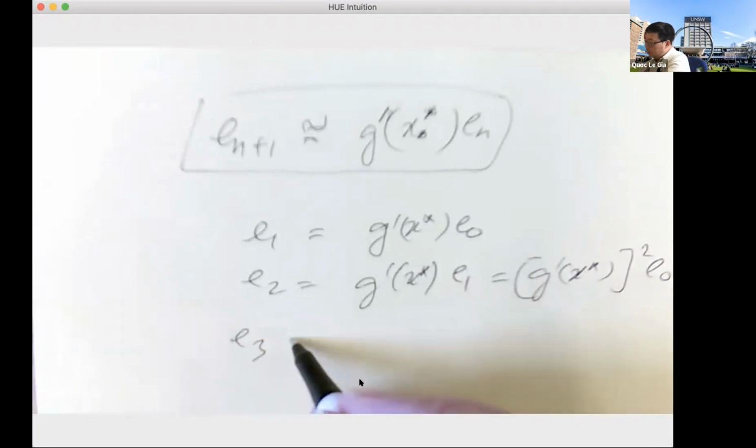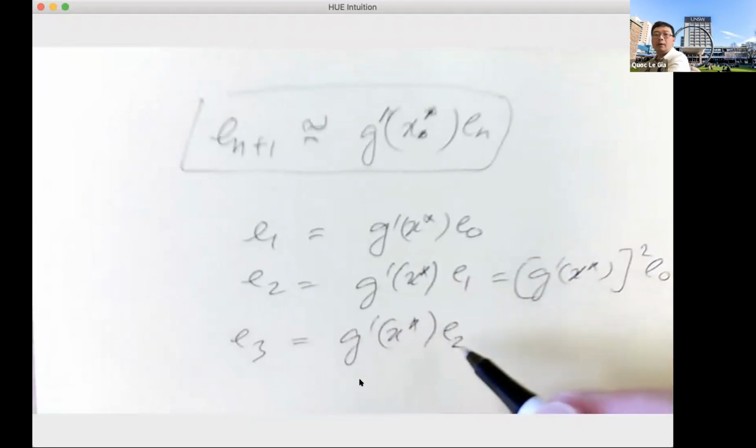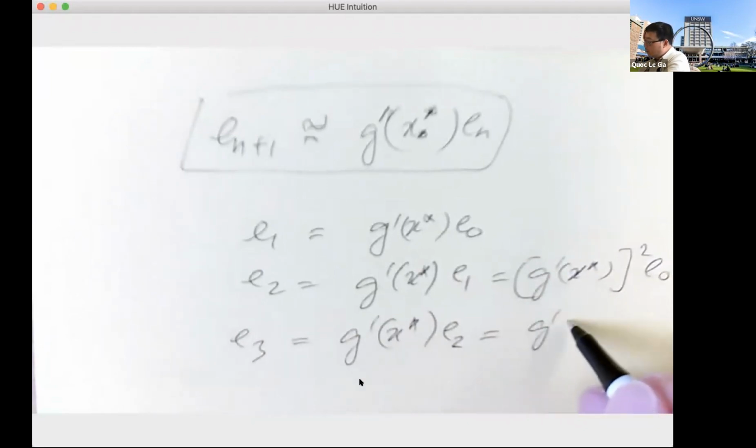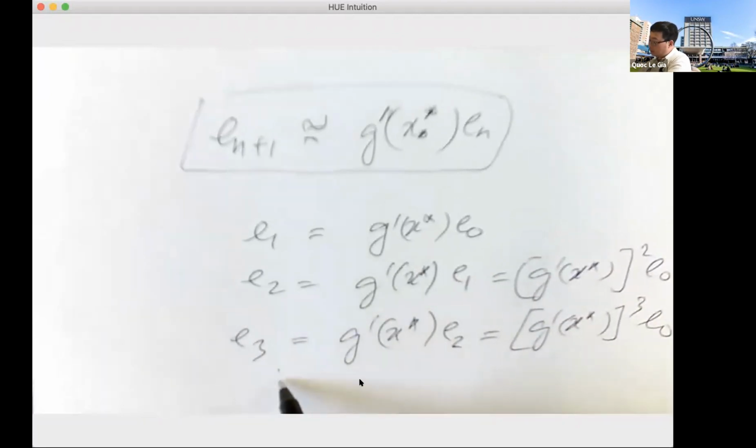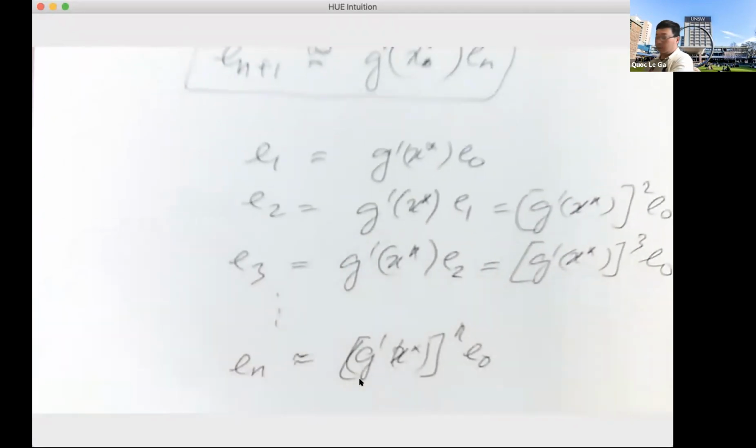And then e_3 is just g'(x*) e_2, which is g'(x*) cubed e_0, and so on. So you can have e_n roughly equal to g'(x*) raised to the power n times e_0.